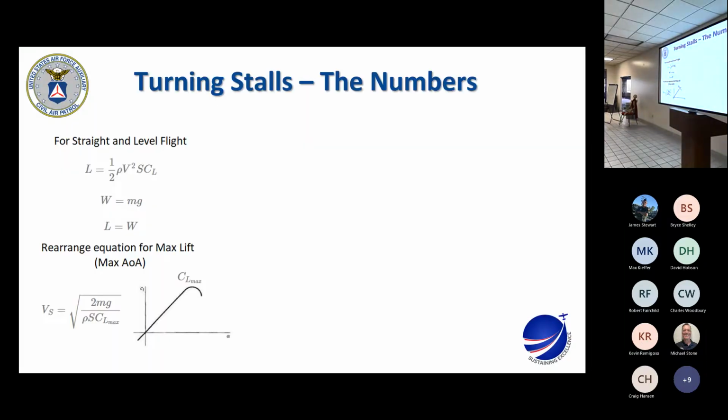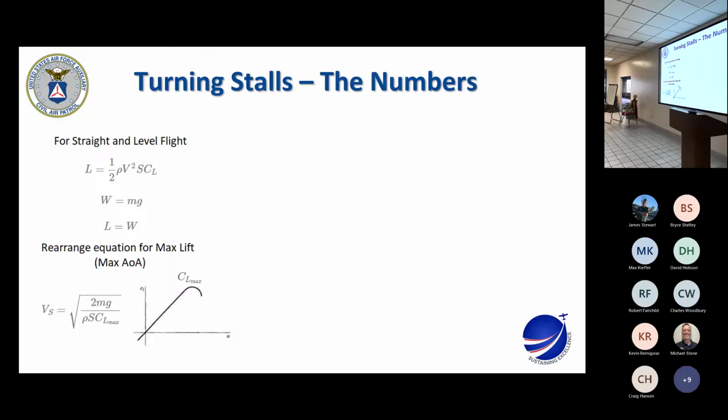Okay, for those of you that like numbers, we'll go through them pretty quick. For those of you who don't, for straight level flight, the equation is lift equals a function of density, velocity squared, the planform area of the wing, and a coefficient of lift. Weight equals mass times gravity, lift equals weight.